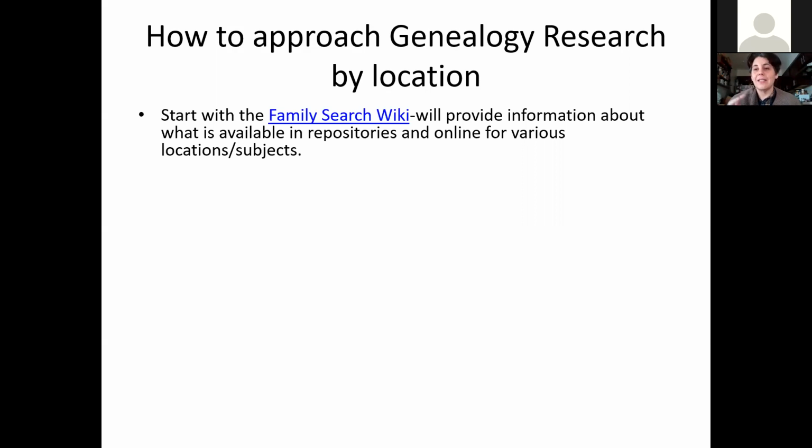This series of free collections of information is laid out like a Wikipedia page, and it will provide information about what collections, what repositories, and the history of records in a particular area.